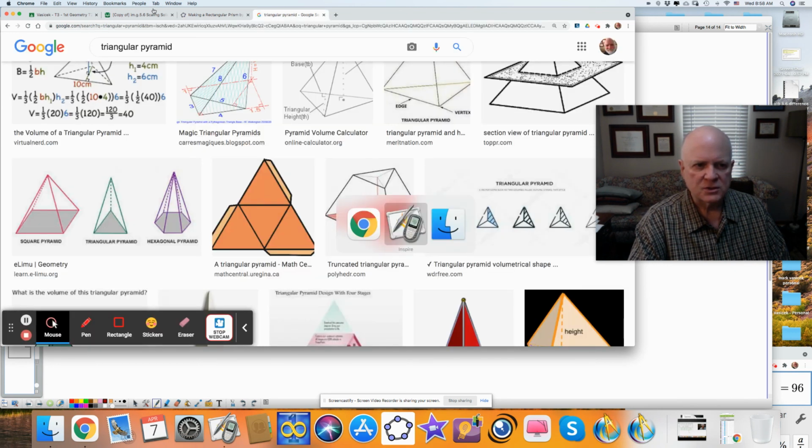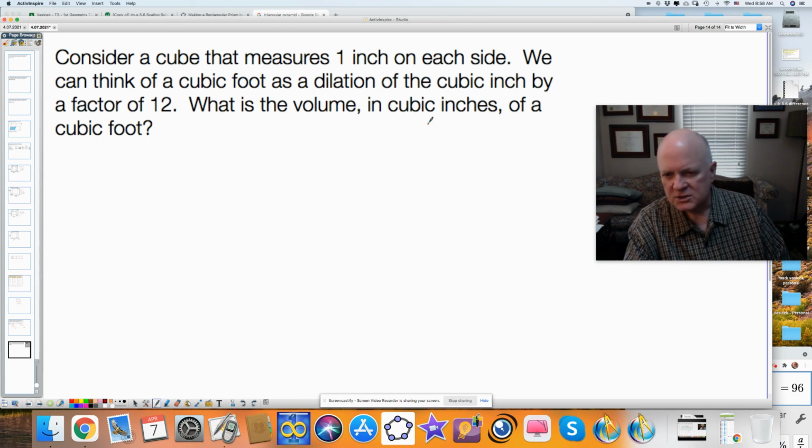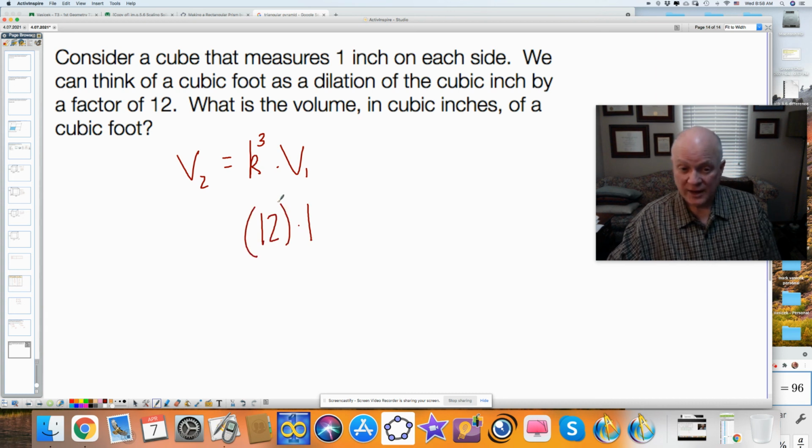So the question is, what is the volume in cubic inches of a cubic foot? Again, you take your original, multiply it by the k factor cubed to get to the one that you're going to. We started off with 1 cubic inch, and we're multiplying each side, the length, width, and height, by 12 to get this volume. And this is going to be in inches cubed.